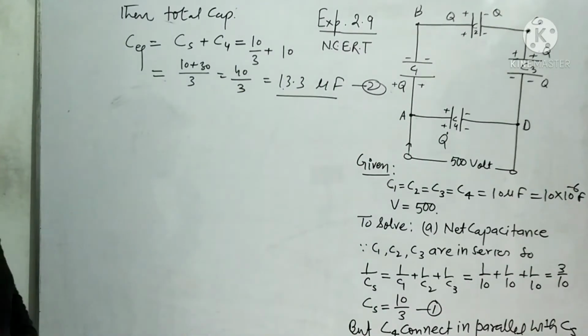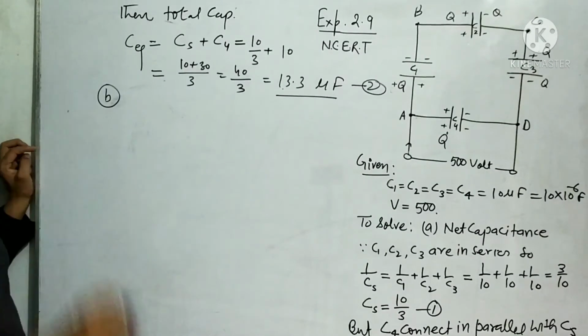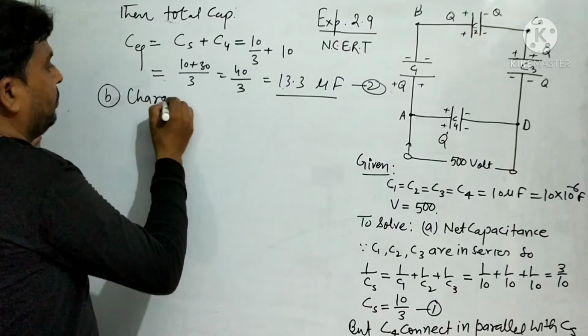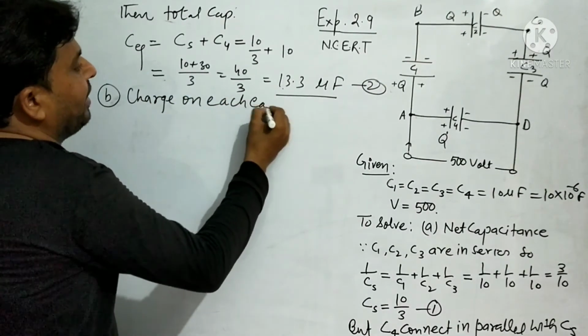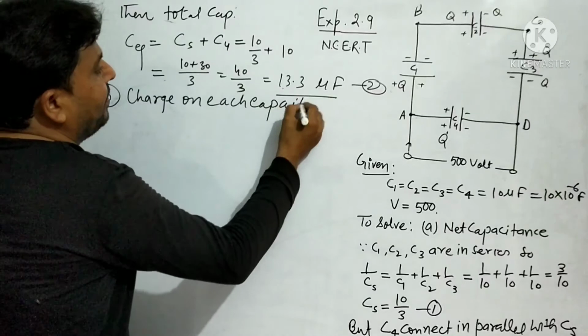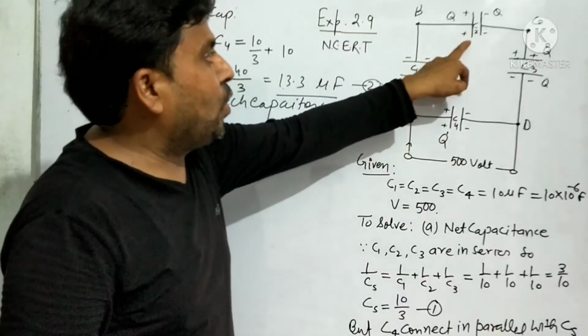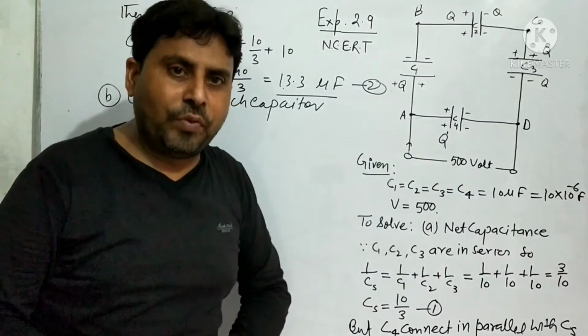Now he is asking about the B point. So most important, charge on each capacitor. How much charge on C1, on C2, on C3 and on C4.